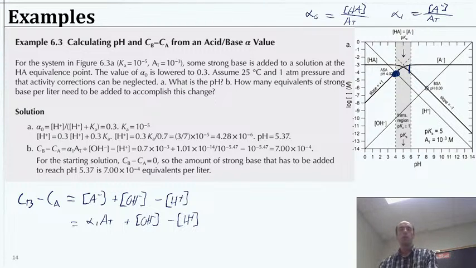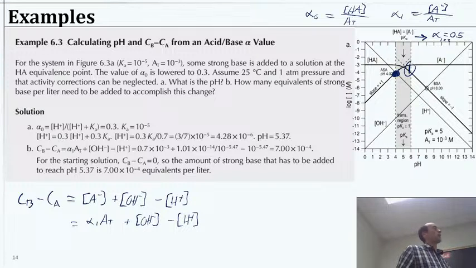We moved somewhere in this vicinity, because we also know that this spot is where each alpha equals 0.5. Alpha 0 and alpha 1 are the same at 0.5, right? So we know we shifted just a little bit to the right of that, and we could make a guess at the pH just from that.